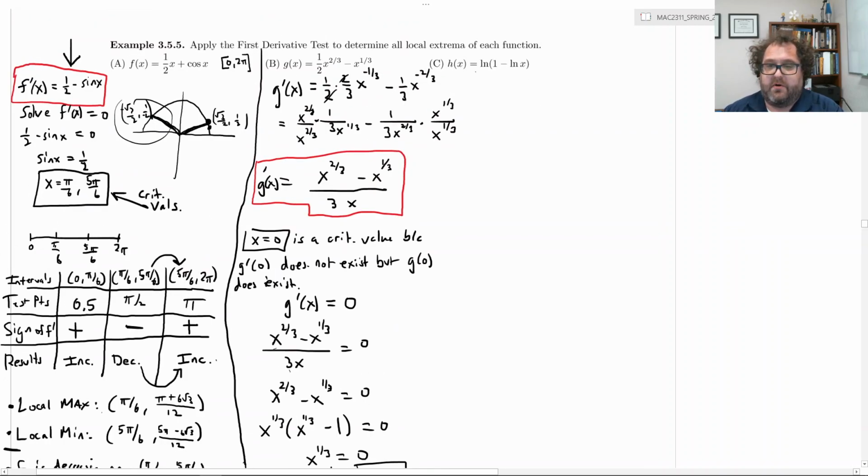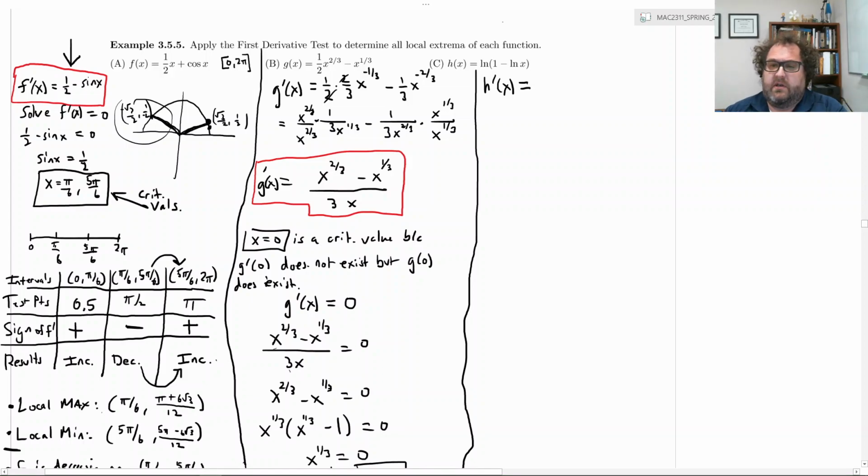All right, with part C, we have some logarithms. It's been a little while since we've had logarithms. Always fun. We have to find the critical value, so let's find the derivative first. So h prime: notice it's a weird composite function, but it is composite.